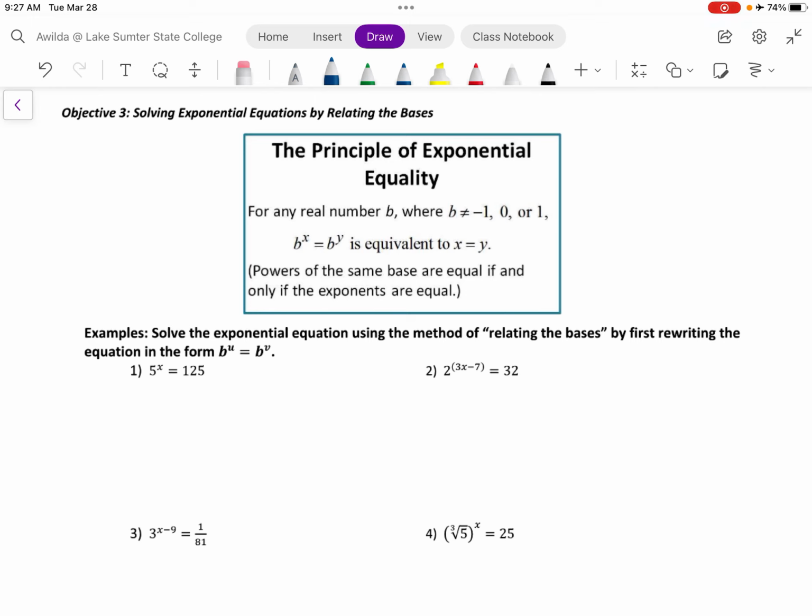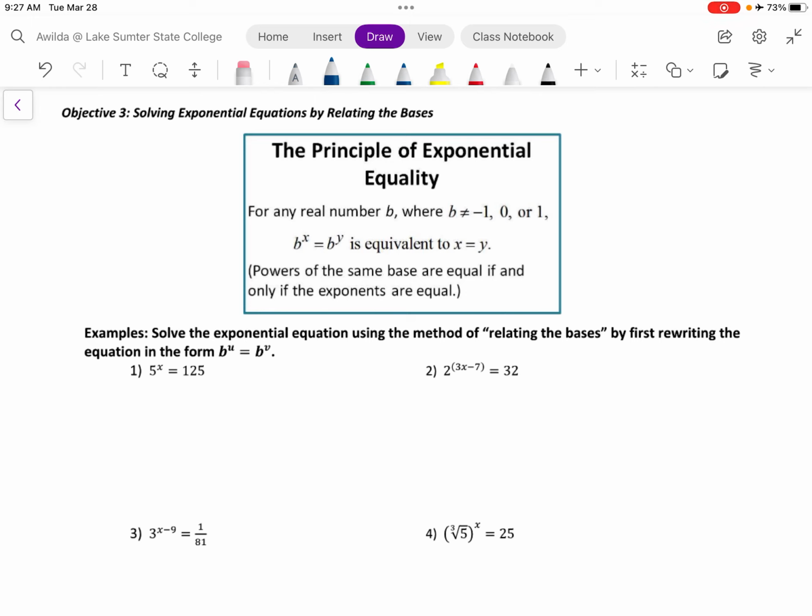Let's use this to solve some of the following equations. In fact, here we're asked to solve the exponential equation using the method of relating the bases by first rewriting the equation in the form b to the u power is equal to b to the v power.